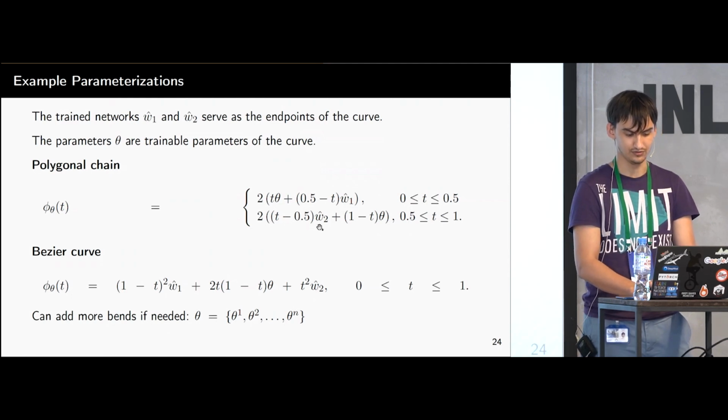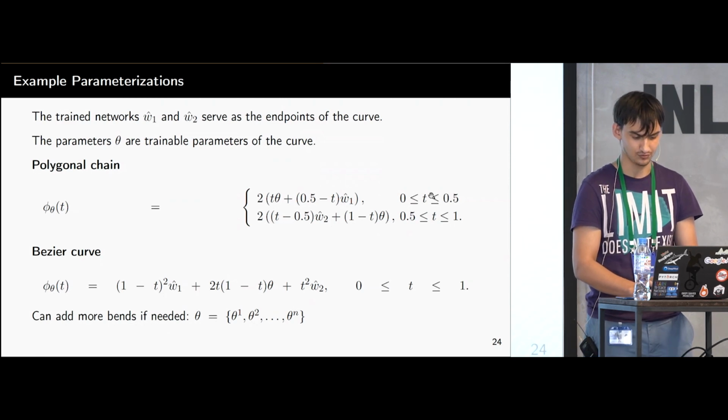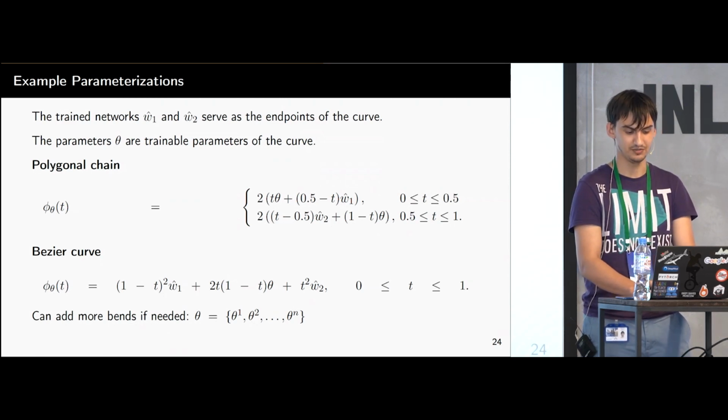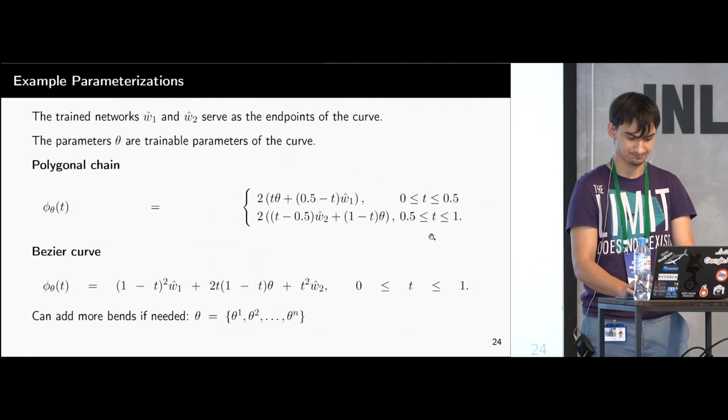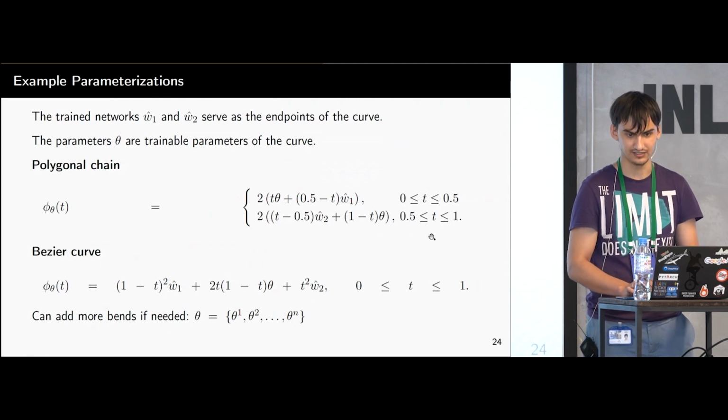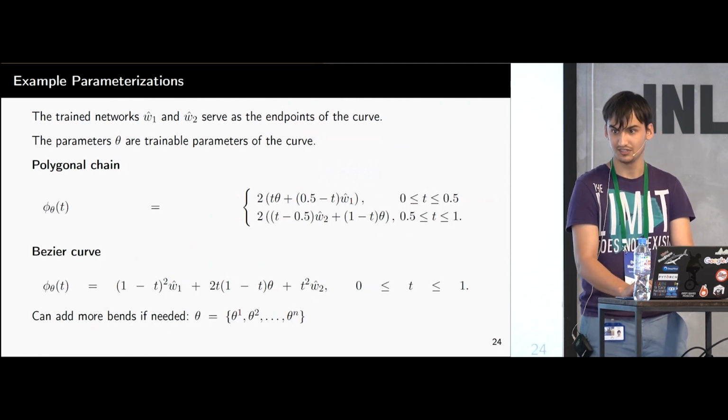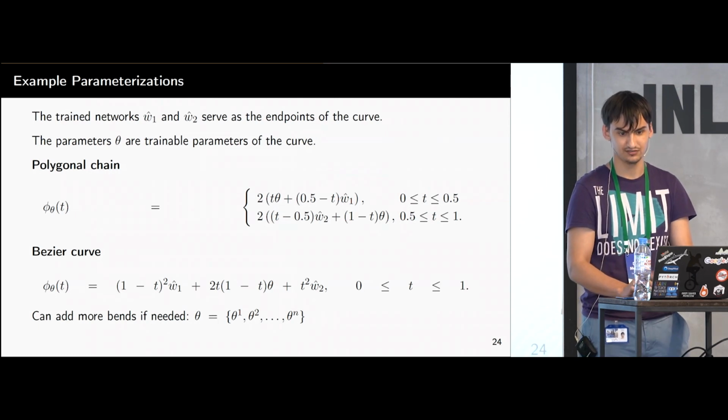In order to do this, you take convex combinations of W1 and theta and convex combinations of W2 and theta. So when t is from 0 to 0.5, you go along the segment between W1 and theta. And when t is from 0.5 to 1, you go along the second segment between theta and W2. And of course, this can be generalized for more segments as well.